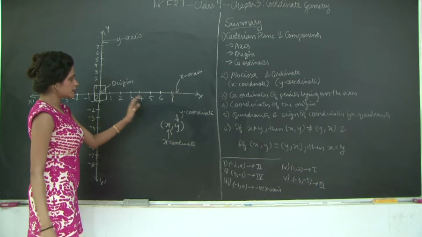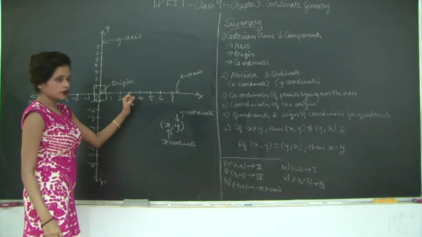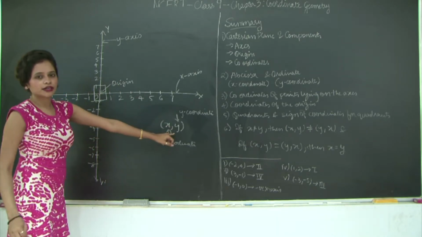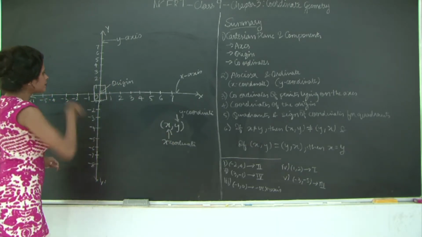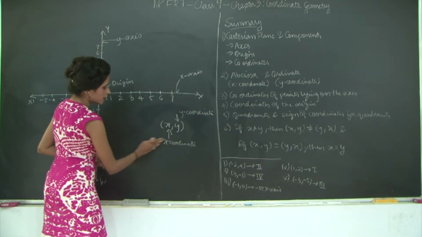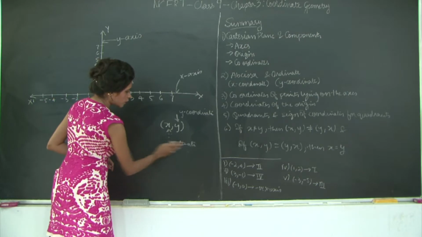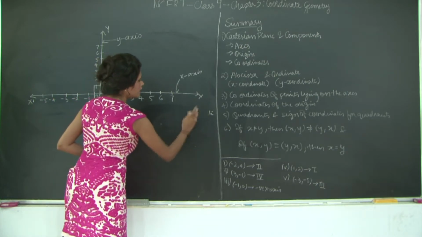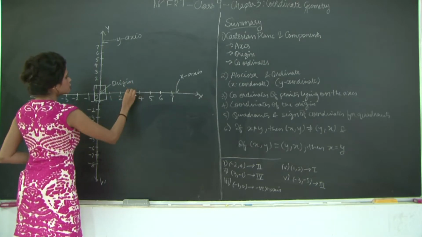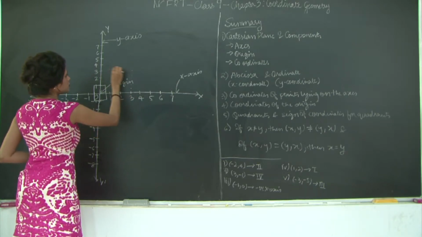So the first parameter is the distance from the y axis, the point on your x axis, and the other parameter would be the distance from the x axis. We'll take a look at x coordinate and y coordinate, but you just need to know that any point that you represent is called a coordinate point.